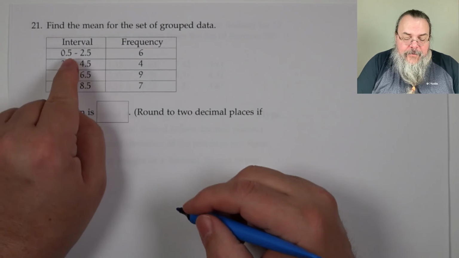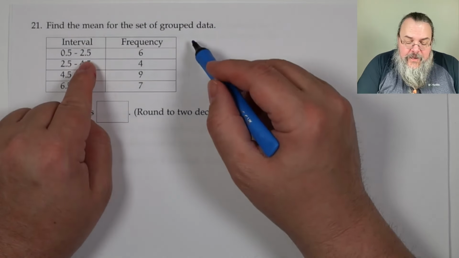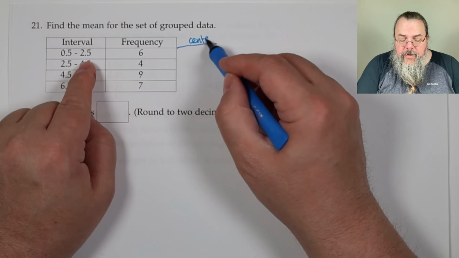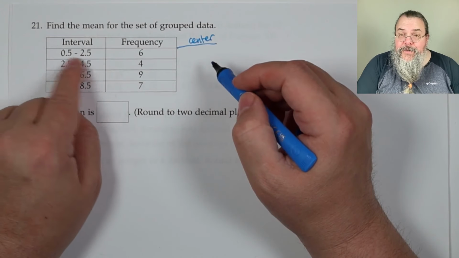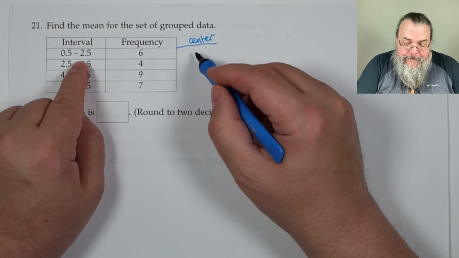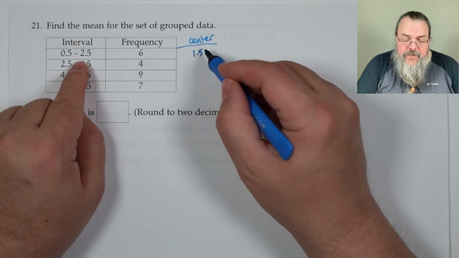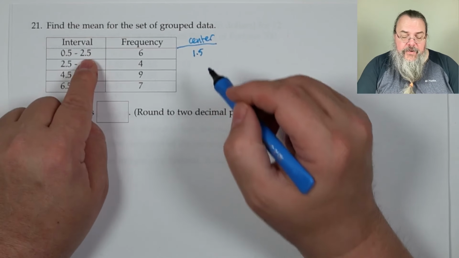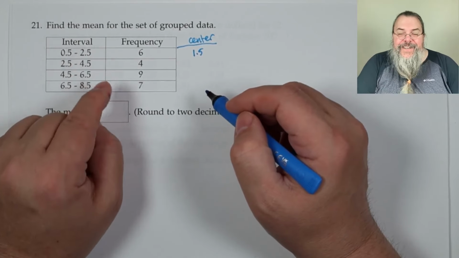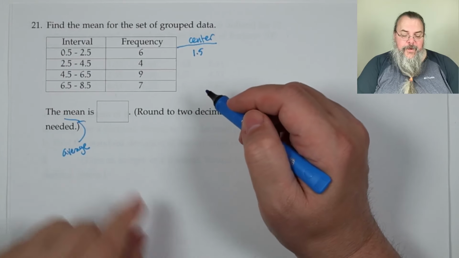So if I range from 0.5 to 2.5, then what we'll do is we'll write down what's the center. Well, what's halfway between 0.5 and 2.5? Well, it's 1.5. If you're not sure, add the two numbers, divide by 2. So this isn't 0.5 subtract 2.5, by the way. So it's not negative 2. It's an interval going on.